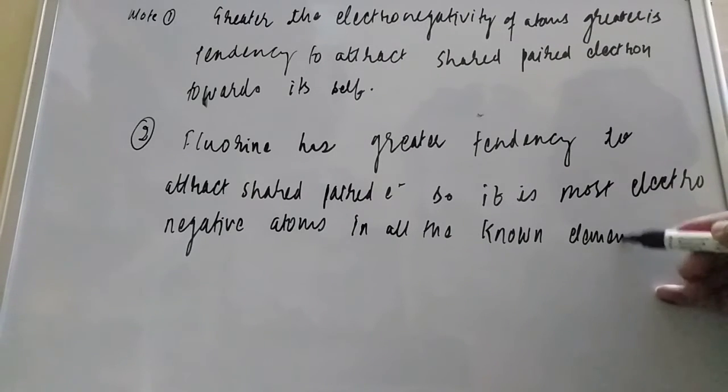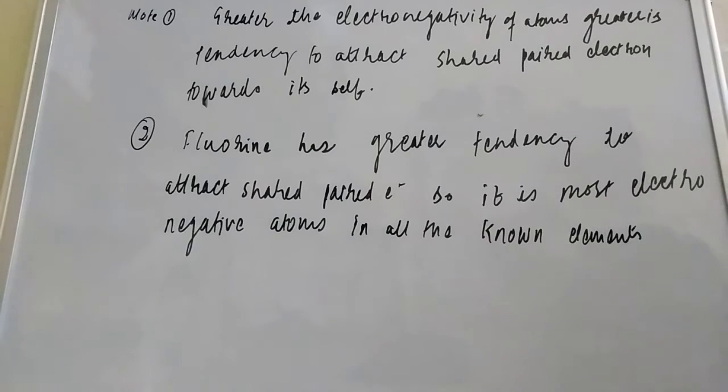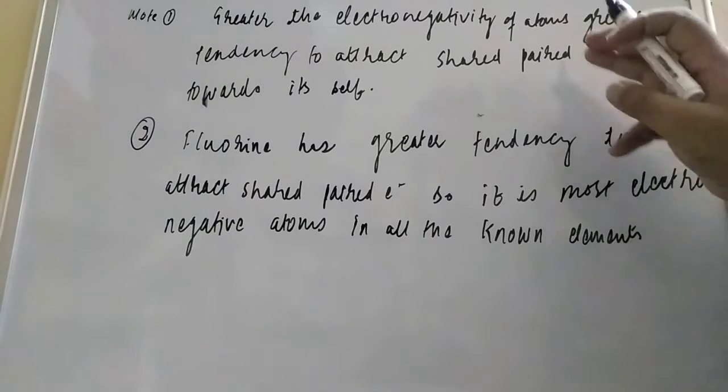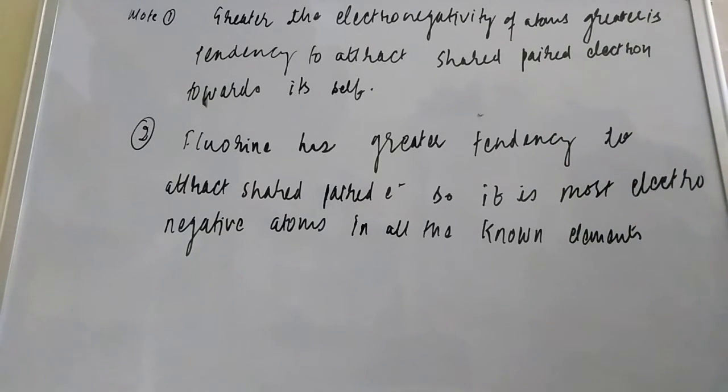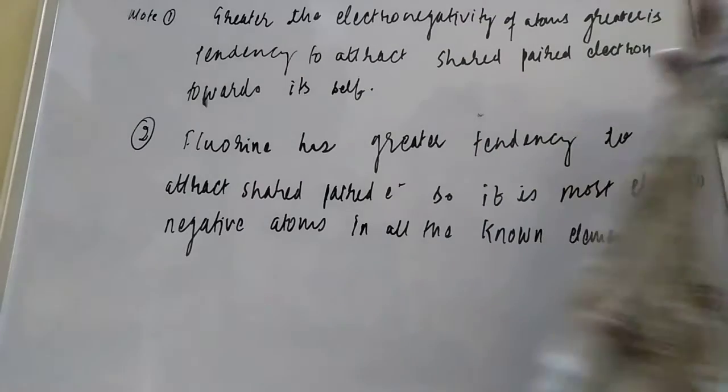This is the second point. So dear friend, the greater the electronegativity, the greater is the tendency to attract the shared pair electron, and fluorine has the greatest tendency, so it is the most electronegative atom of all the known elements.